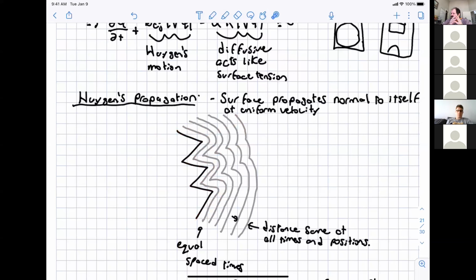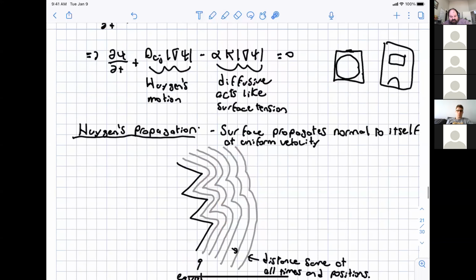Again, this Huygens motion assumes that all points on the surface are moving locally at the same velocity. Even though it's not really accurate, Huygens propagation is commonly used in modeling just the bulk effect of an explosive, because you don't always know enough about alpha to predict it, but you always know enough about the explosive to compute D_CJ.